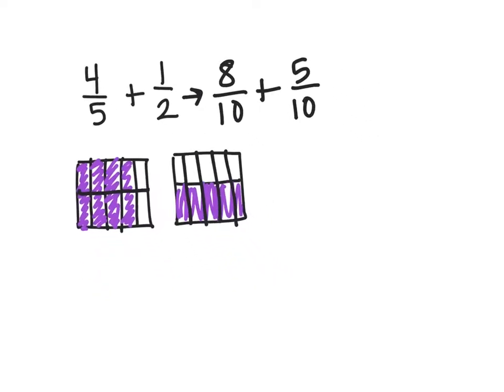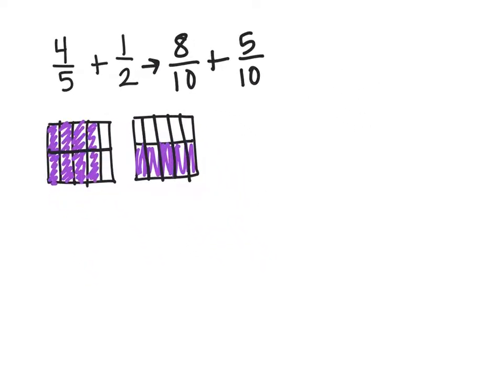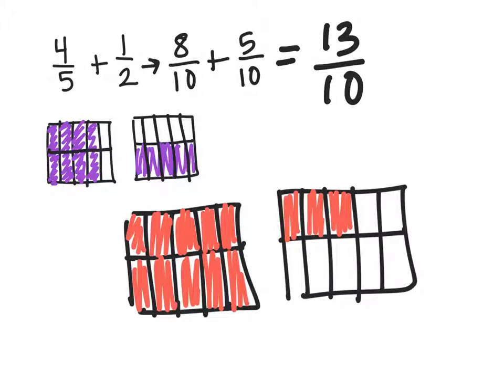So here's the problem with that. If we have 8 plus 5 is 13, so we have 13 tenths. That means that our answer is going to be greater than 1. So let's take a look at what that looks like. If you take a look at our squares here, we have put 13 tenths and shaded it all in.